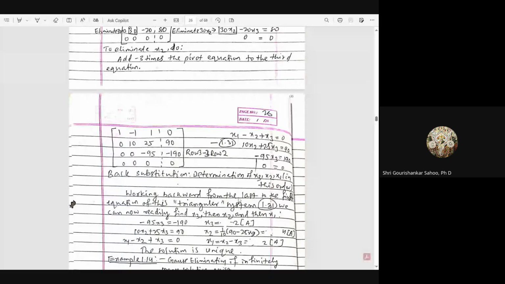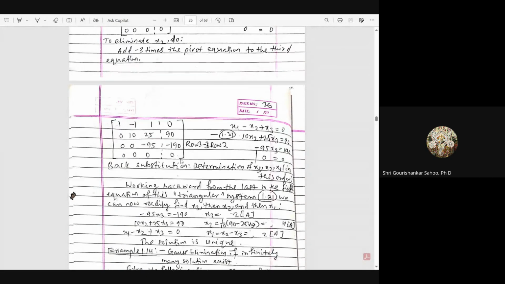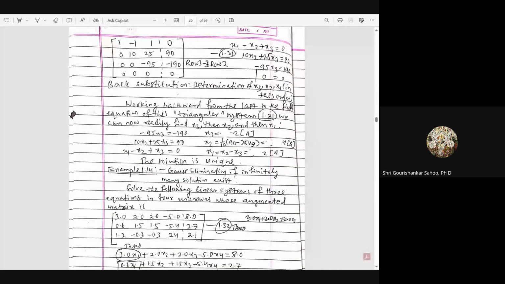First you will have minus 95x3 is equal to 190, from which x3 is equal to 2. By putting the value of x3 in the second equation, you will have x2 is equal to 1 by 10 multiplied by 90 minus 25x3, and x1 is equal to x2 minus x3. So the solution is unique here.